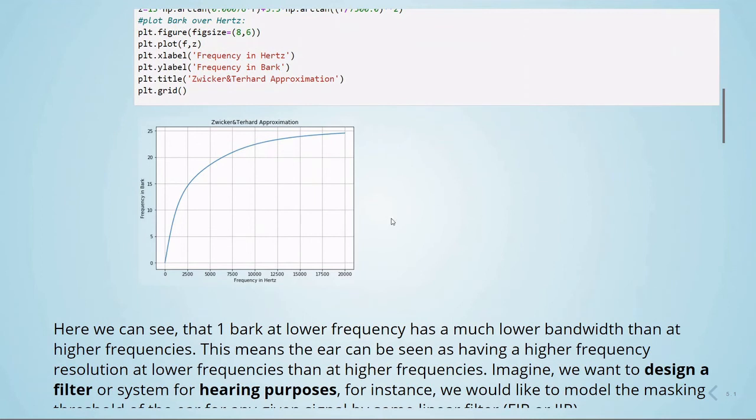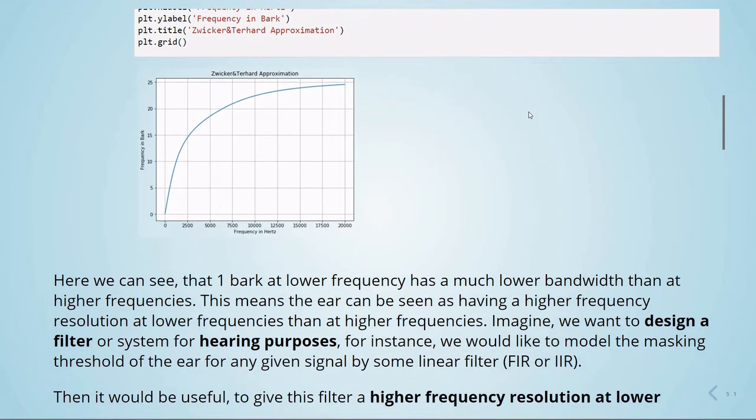We can see that 1 Bark at lower frequencies has a much lower bandwidth than at higher frequencies. This means the ear can be seen as having a higher frequency resolution at lower frequencies than at higher frequencies.